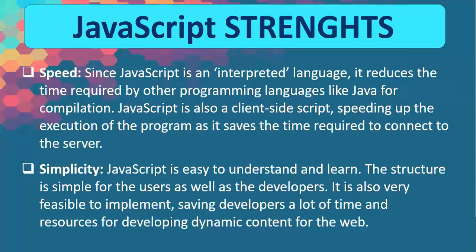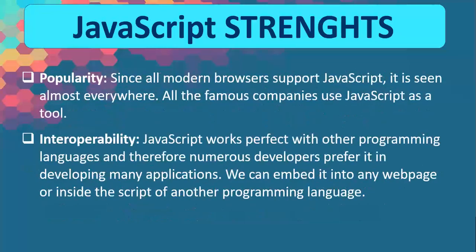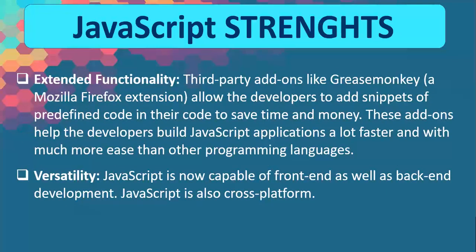So these are the strengths of JavaScript. You can look at it. But I think popularity is very important, because when you are developing, the major issue you get is bugs. You get stuck, your code breaks down. But if a language is so popular, we have a community that supports it, and that's very important.